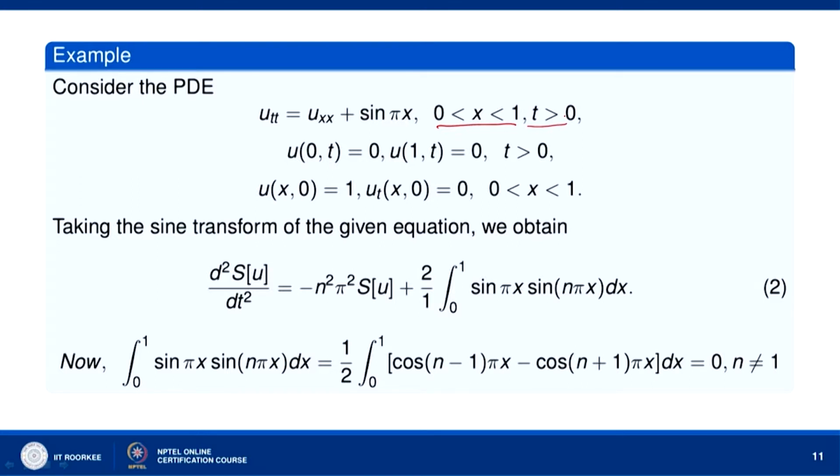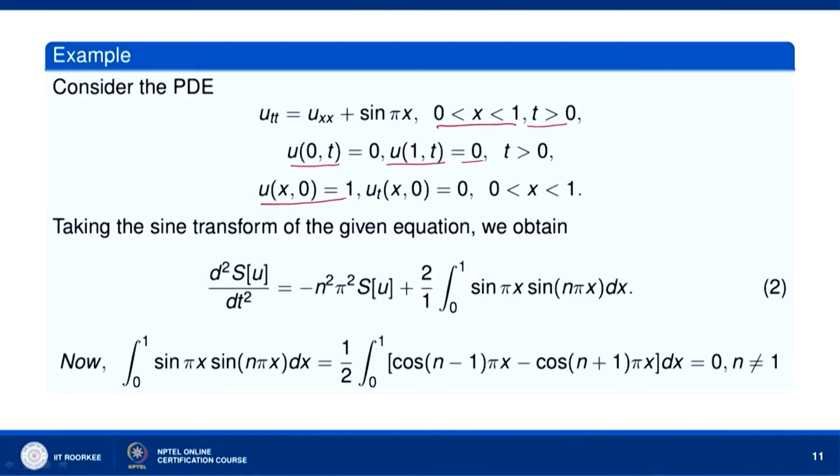We are given boundary conditions: at x equal to 0, u(0,t) is 0, and at x equal to 1, u(1,t) is 0. So, we are given the Dirichlet boundary conditions. And when t is equal to 0, u(x,0) is 1, and the partial derivative of u with respect to t, u_t at t equal to 0, is given to be 0 for all x between 0 and 1.